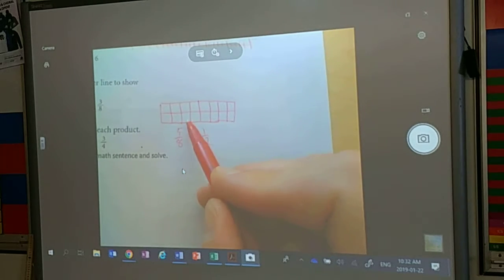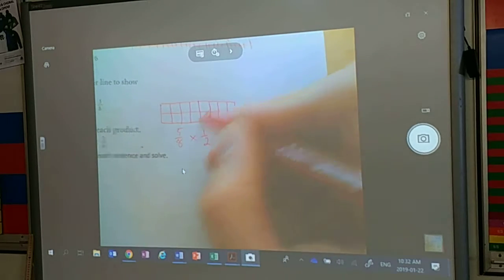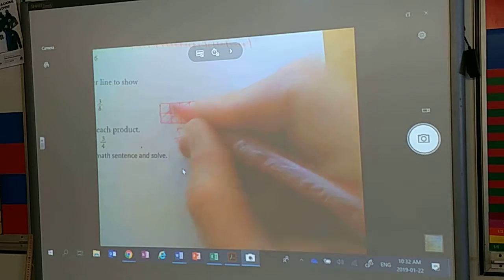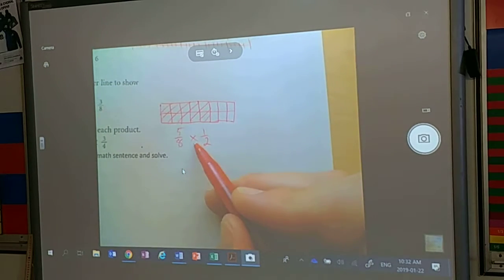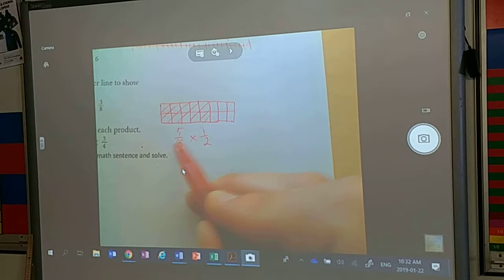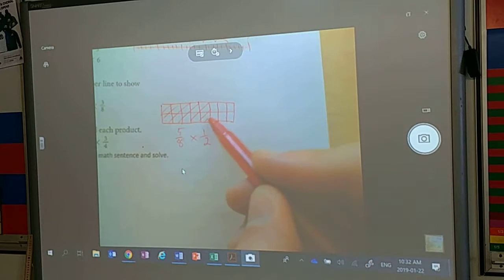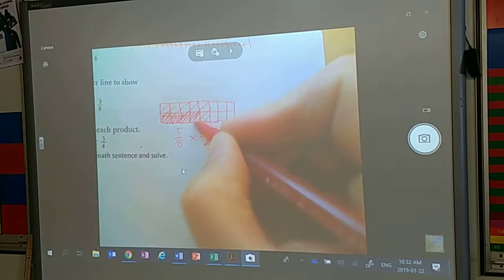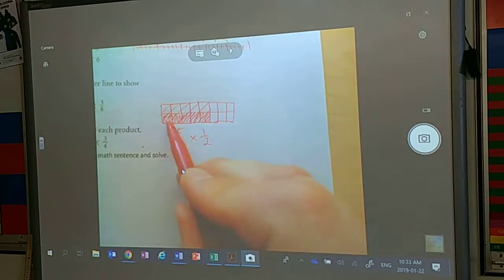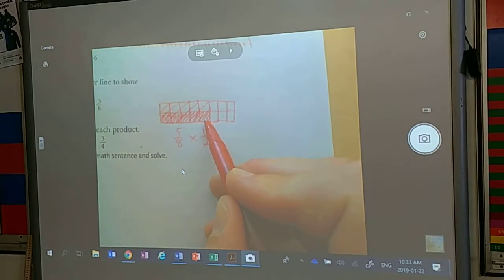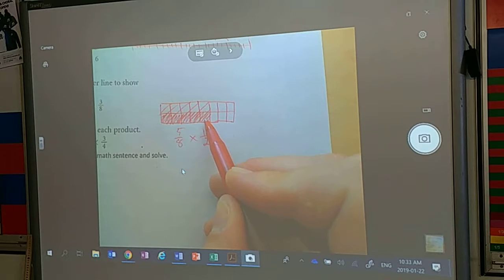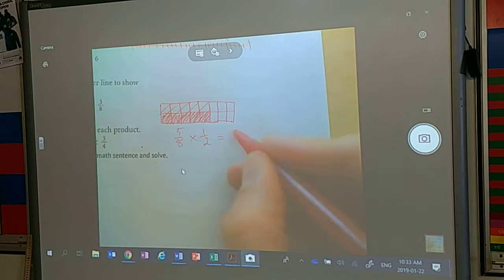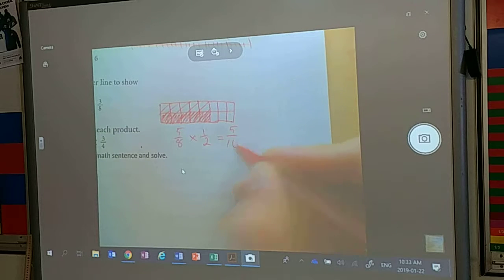So 1, 2, 3, 4, 5. There's 5/8. And then we're going to shade in half of those 5/8. Our answer: 1, 2, 3, 4, 5 out of 16 are covered. And sure enough, 5 times 1 is 5, 8 times 2 is 16, so 5/16 are covered.